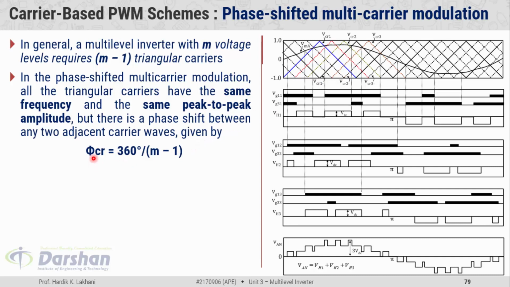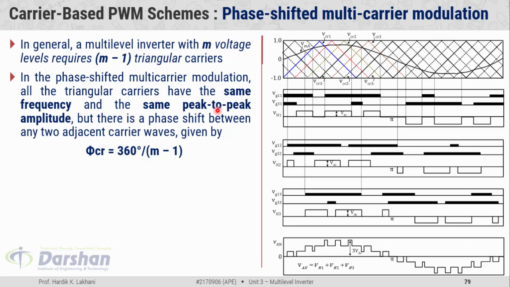Phi CR represents the phase displacement between consecutive carrier signals. For 7-level CHB, substituting M equal to 7, 7 minus 1 is 6 and 360 degrees divided by 6 is equal to 60 degrees. So for 7-level CHB we need 6 carrier signals and the consecutive phase displacement between the carrier waves should be 60 degrees.